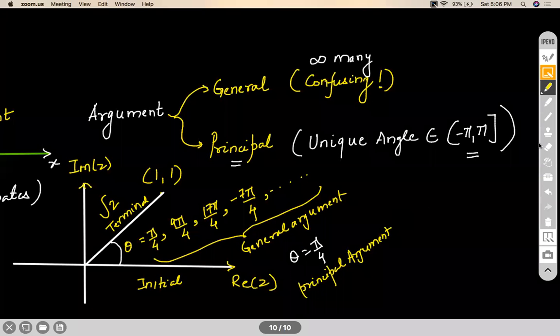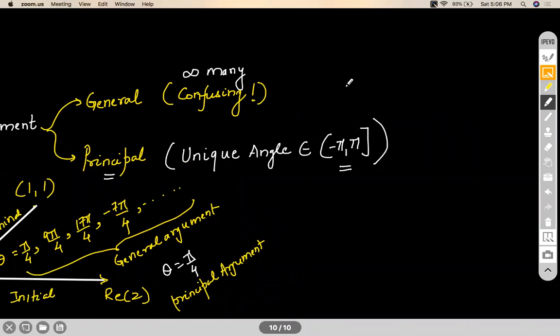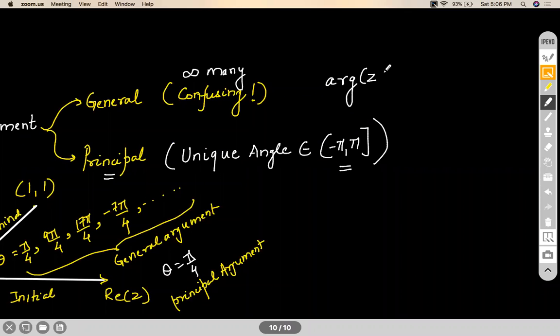Now, just an extra piece of information which I would like to share with you, but this is not followed in your competitive level exams. Normally, any general argument is written with the acronym small a r g of z. Any principal argument is written with the acronym capital A R G of z.